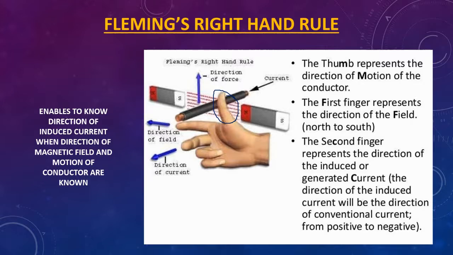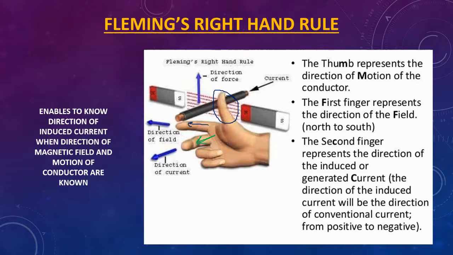The direction of the magnetic field is represented by this finger, which I have marked in blue color with an arrow. And the second finger will represent the direction of the induced or generated current, which I have marked with green color.